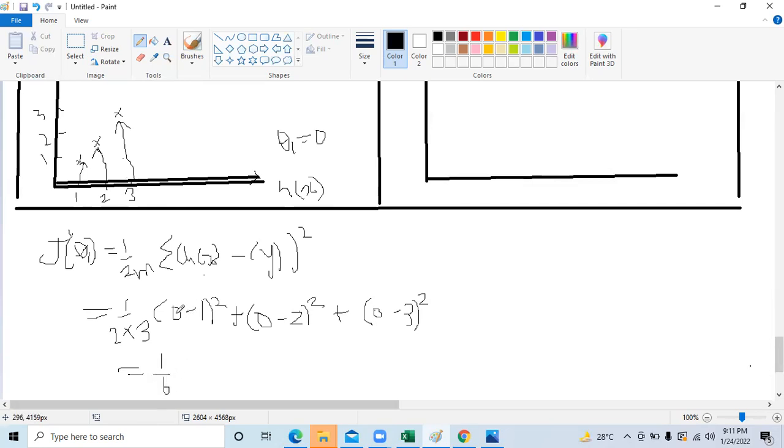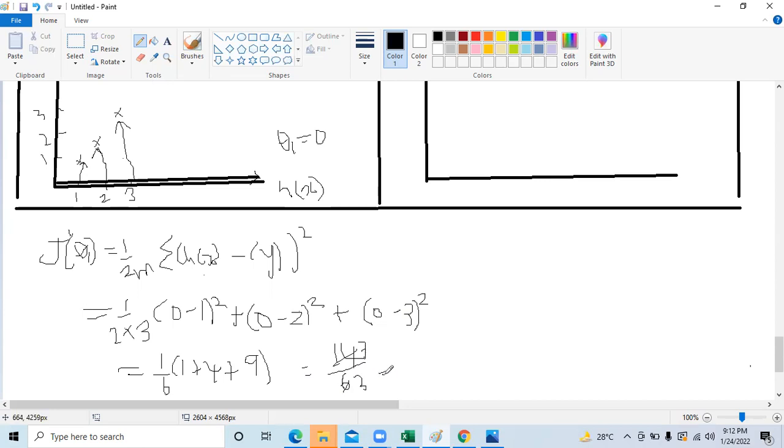0 minus 1 all squared is 1, 0 minus 2 all squared is 4, 0 minus 3 all squared is 9. So here we're going to have 14/6. 14/6 is what? 2 here 3, 2 here 7.